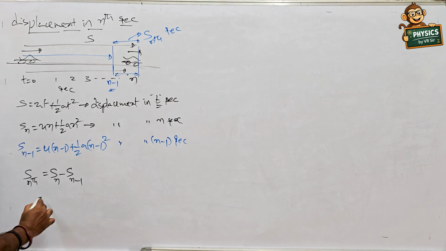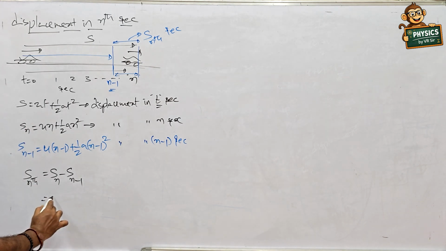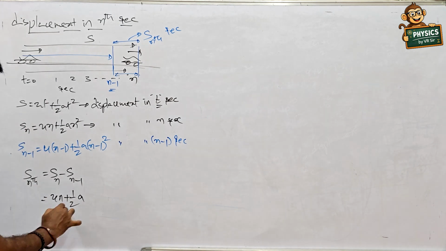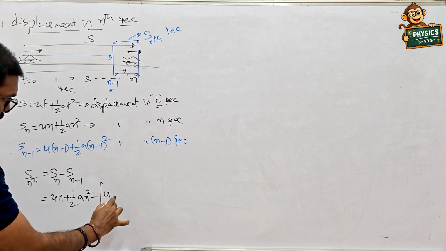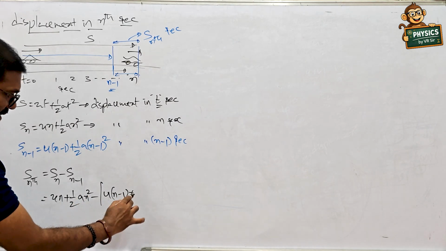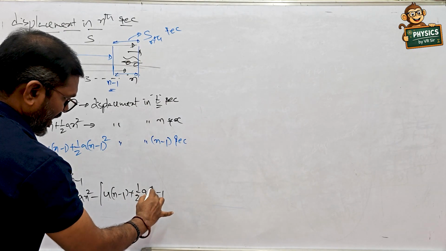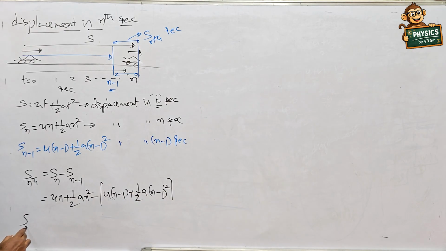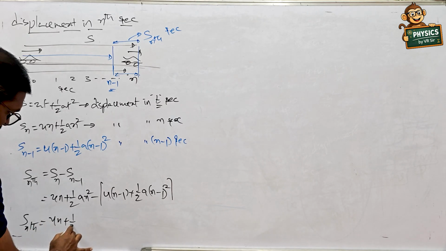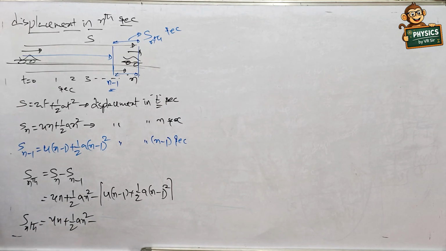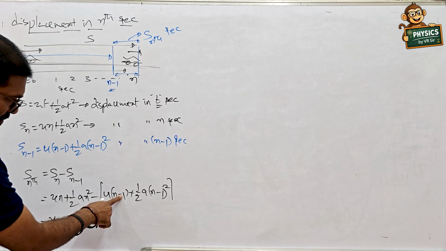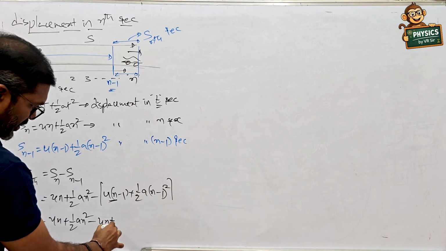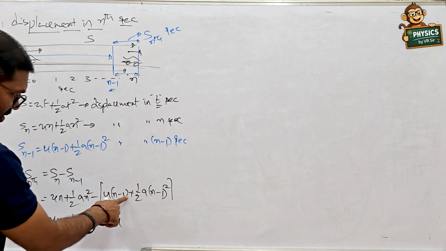Now with this, if you substitute back, Sn is un plus half an square minus of u(n minus 1) plus half a(n minus 1) square. Look at the first term un, and the second term, minus minus plus, u plus u, and the third term.